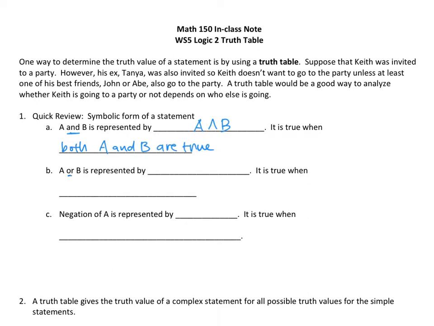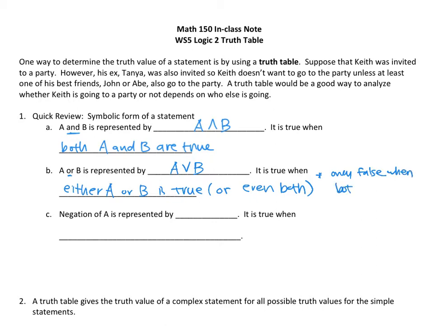A or B, underlined "or", is represented by A ∨ B. It is true when either A or B is true, or even both. Another way to think about it is that it's only false when both A and B are false.